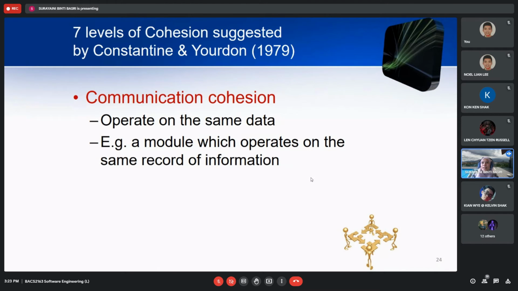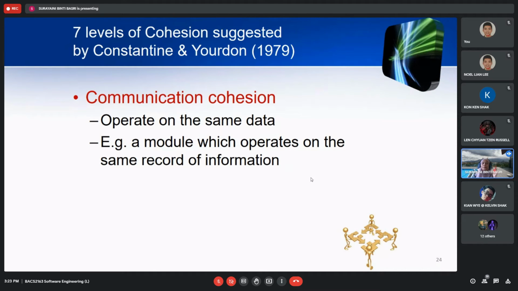For example, you have a module to generate a report, and a module for registering students, and that report is about the students, meaning they are using the same database table, which is the student database. Because they are operating on the same table, the student database table, you group them together, even though they are actually from different subsystems. Okay, so that is also not a good way of designing your system.